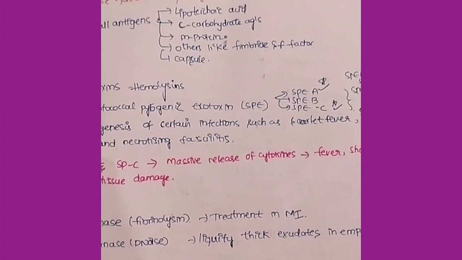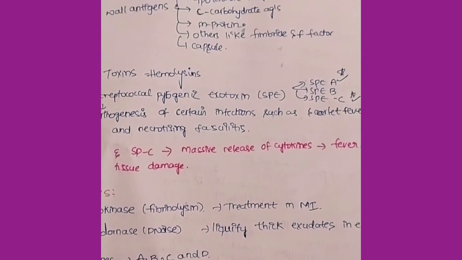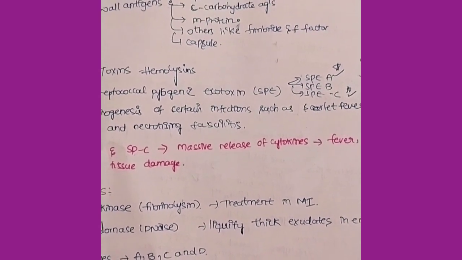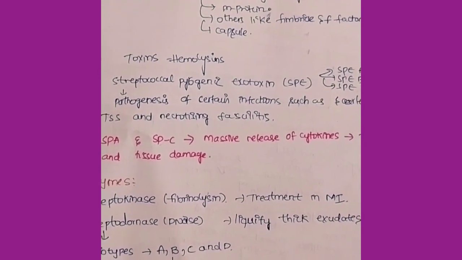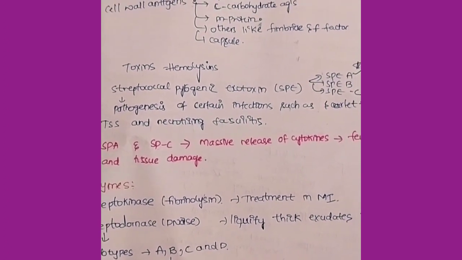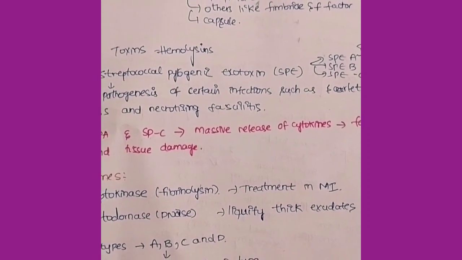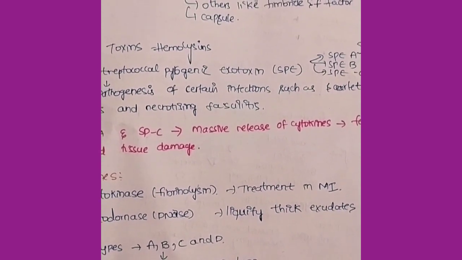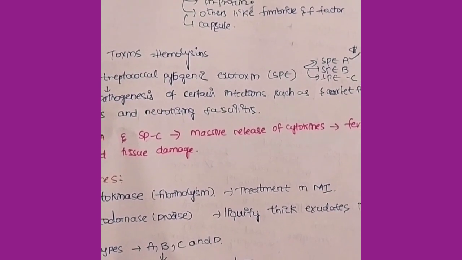It can also trigger post-infective non-suppurative lesions, which lead to acute rheumatic fever and acute glomerulonephritis. Coming to virulence factors and pathogenesis: cell wall antigens include lipoteichoic acid, C carbohydrate antigen, M protein, and others like fimbriae and F factor, and the capsule containing hyaluronic acid. The M protein and capsule are the important ones to study.